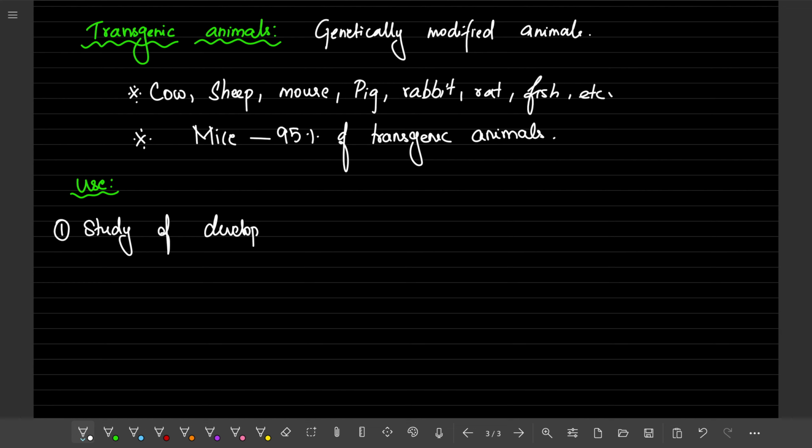So first, what are all the uses as we see? The first use is study of normal development and physiology of that specific gene.